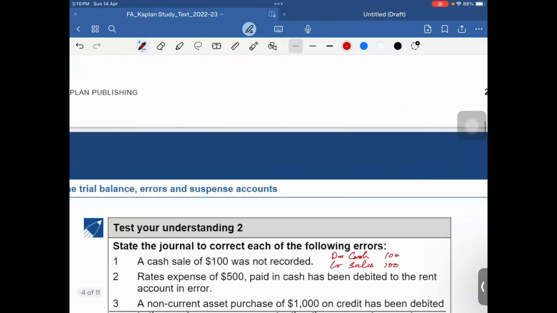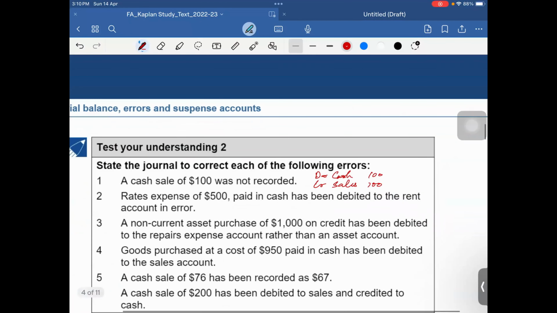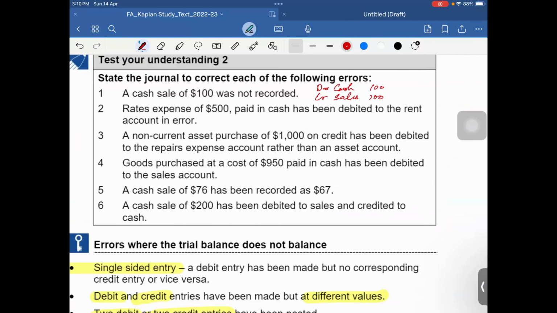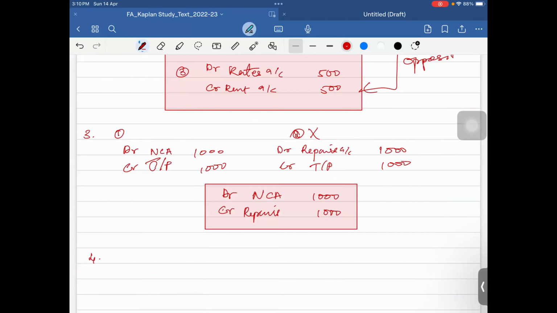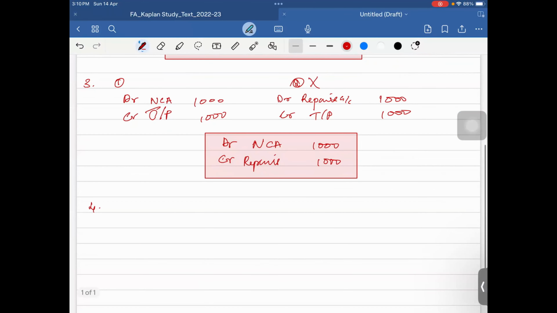Let's see. The next one is the fourth one, right? The fourth one is goods purchased at a cost of 950, paid in cash. So this is a purchase accounting, right? Paid in cash has been debited to sales account. So it should have been purchases, and it was cash, 950, right?